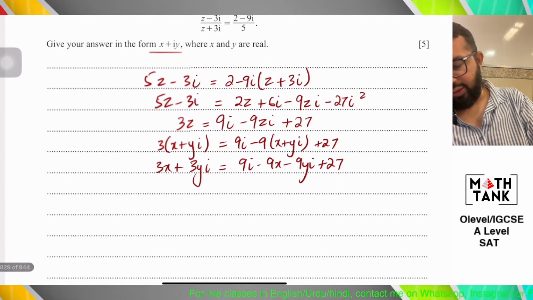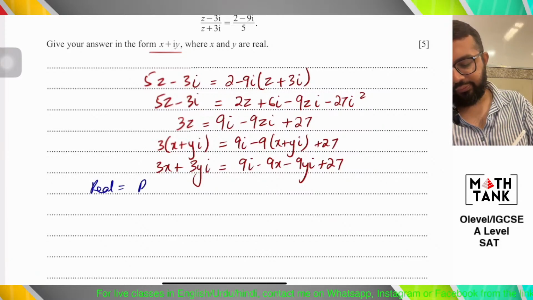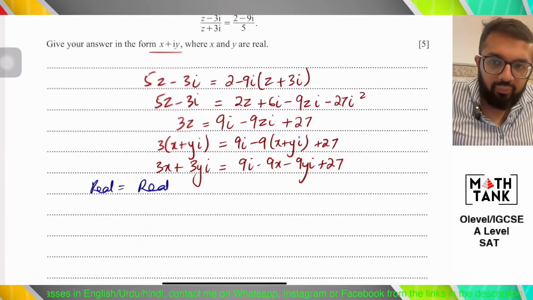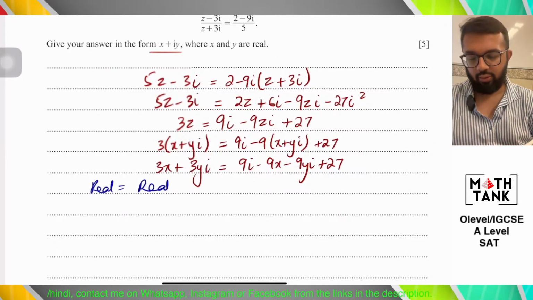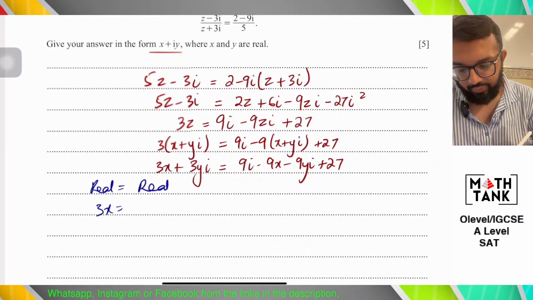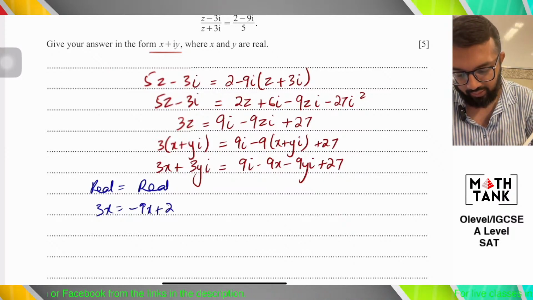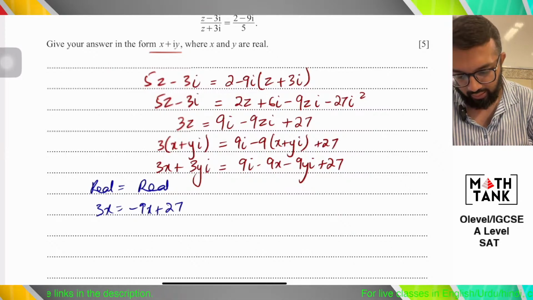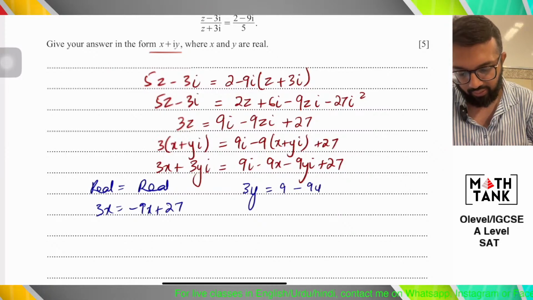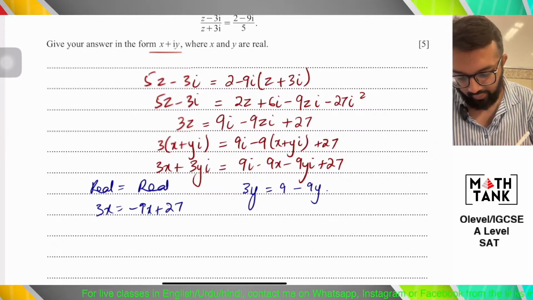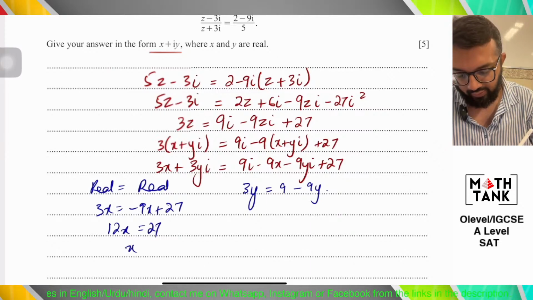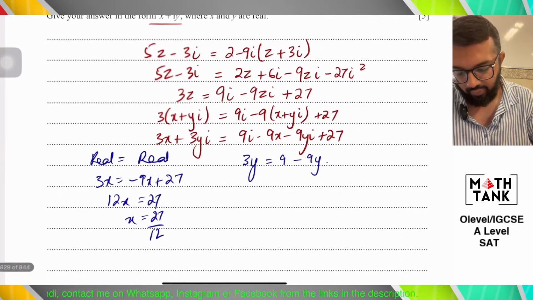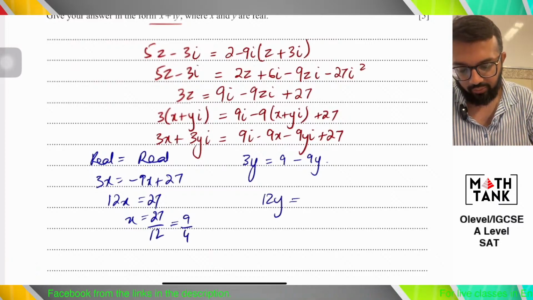So real equals to real: 3x equals minus 9x plus 27, and imaginary equals imaginary: 3y equals 9 minus 9y. So 12x equals 27, x equals 27 over 12, which is 9 over 4, and 12y equals 9, y equals 3 over 4.